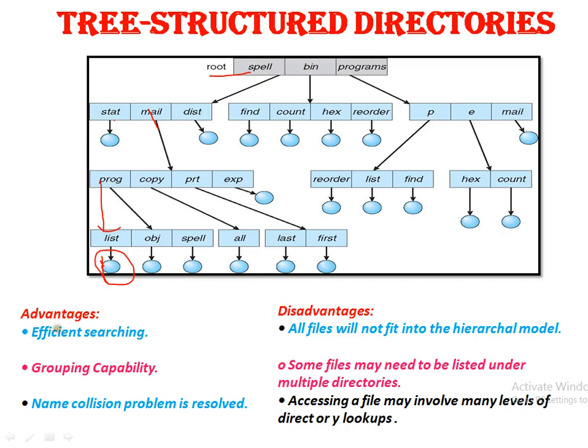So the advantage is again efficient searching. Grouping capability is there, I can group the files. The name collision problem is resolved. Next, the disadvantage. All files will not fit into the hierarchical model. Many files cannot fit into the hierarchical model. Some files may need to be listed under multiple directories.